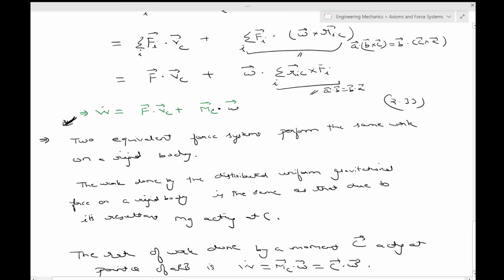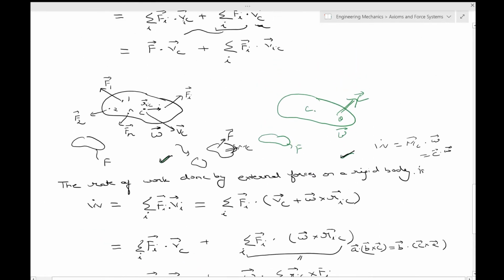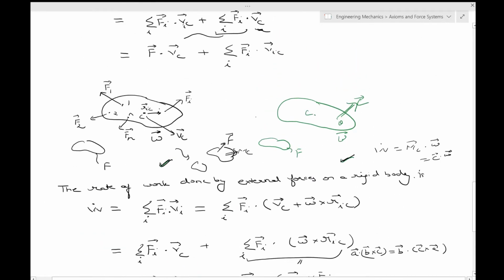Okay, so I'm sorry for telling you that this is an equivalent force system. This was just actually a much more simplified case, this green one. Okay, an equivalent force system would be that if all these complicated forces over here are just replaced by one force acting at the center of mass and the moments about the center of mass.